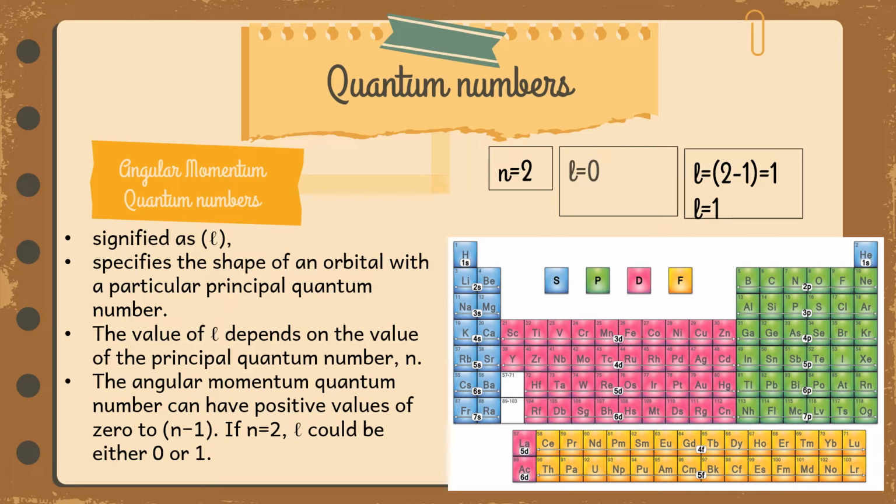If you remember, for the second period, we have two sublevels: sublevel S represented by 0 and sublevel P represented by 1. So it is true that on the second principal energy level, we have two sublevels, the S and the P.